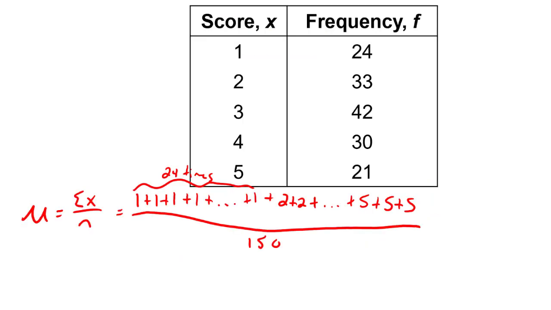So let's think what you would have done in chapter 3. Thinking back to chapter 3, what was our formula for population mean? It's the sum of x over n, right?